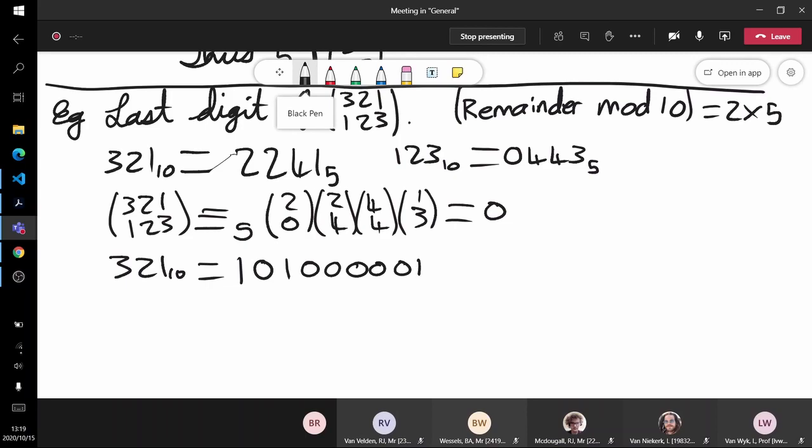And 123, if we write that in base 2, is 5 less than 128. That's going to be 1, 1.